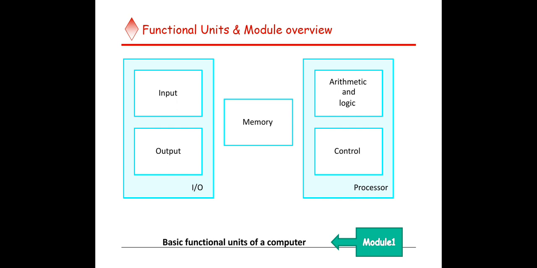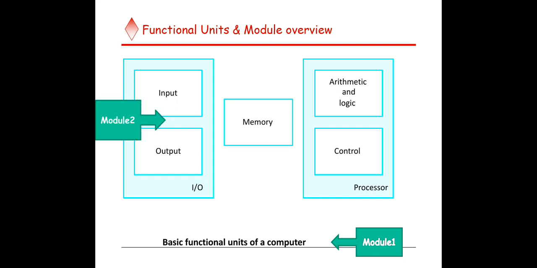So how the communication happens between the IO devices and memory, between memory and the output unit, or memory to the arithmetic logic unit, that is through the bus structure. So the basic part of communication, bus structure, as well as how an instruction is executed, is what your first module tells about.